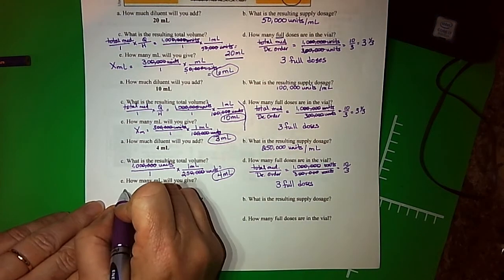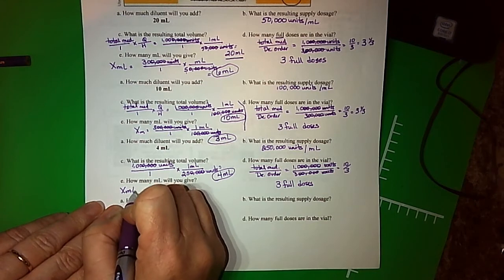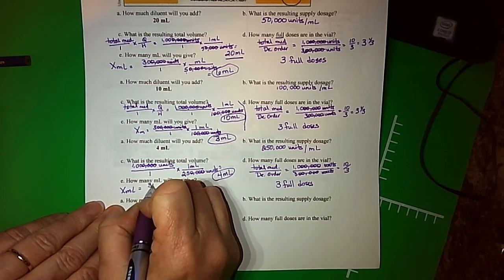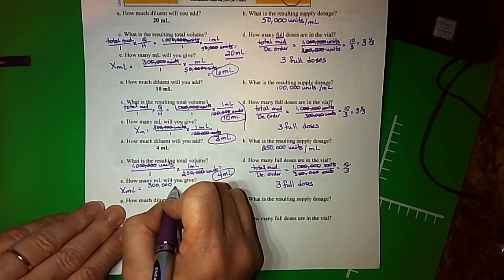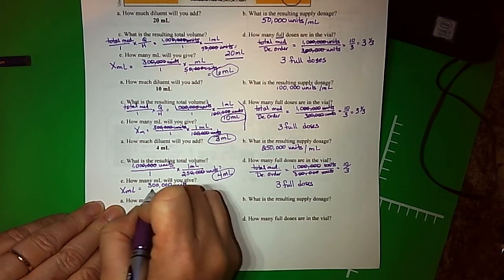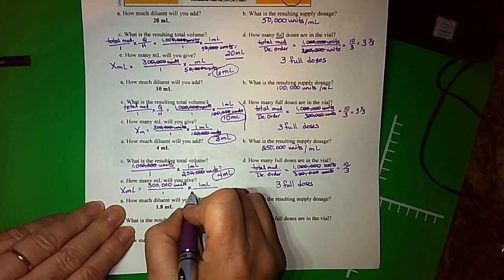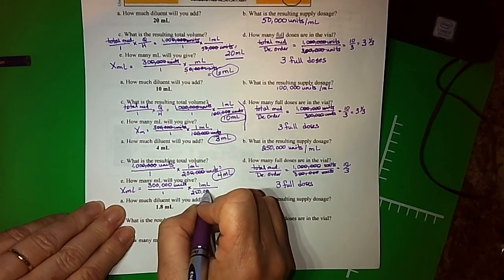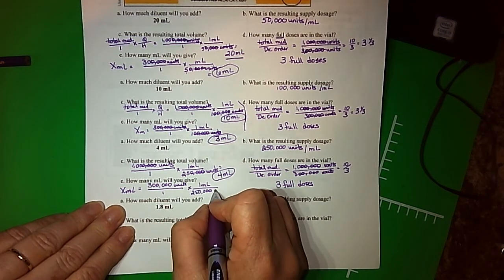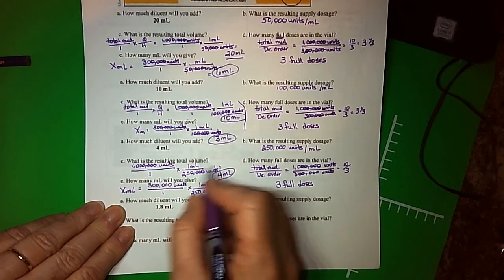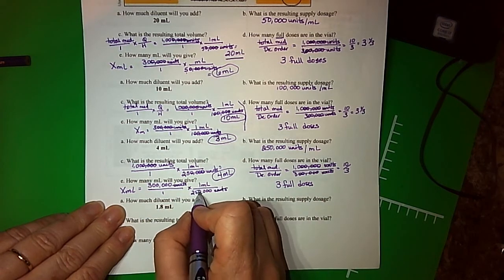So how many milliliters will I give? My doctor's order is 300,000 units over 1 times my supply, which is 1 milliliter over 250,000 units. So my units cancel. I have 4 zeros.